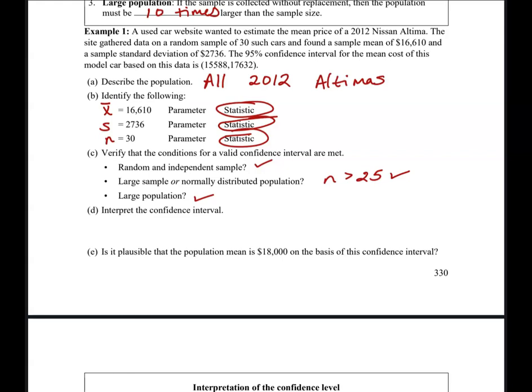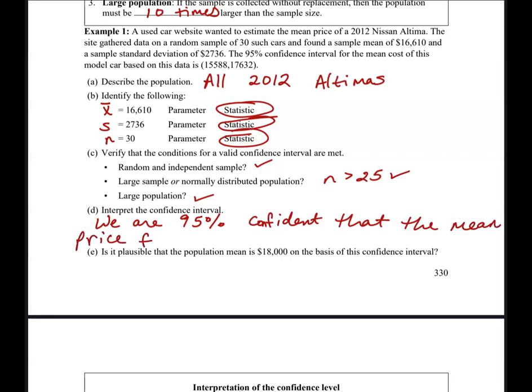Interpret the confidence interval. So we would say we are 95% confident that the mean price for all 2012 Altimas is between what two values?